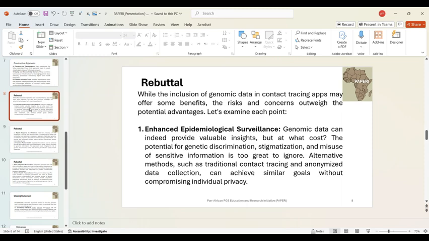Point number one is enhanced epidemiological surveillance. Genomic data can indeed provide valuable insight into that, but at what cost? The potential for genetic discrimination, stigmatization, and misuse of sensitive information is too great to ignore. Alternative methods such as traditional contact tracing and anonymized data collection can achieve similar goals without compromising individual privacy.